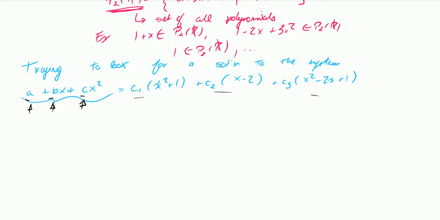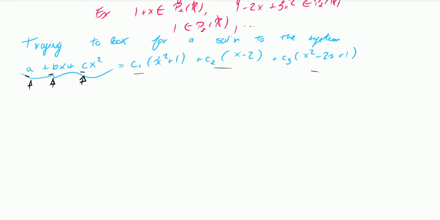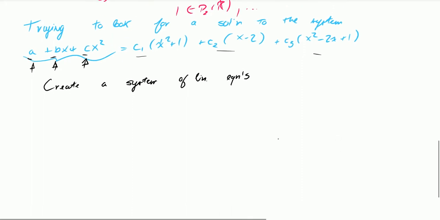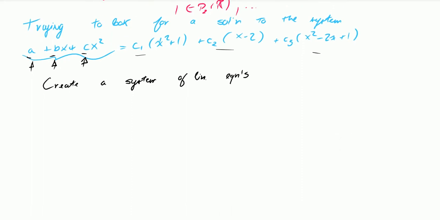Just pretend, for example, that they're all 1, 1, 1. Then you're just trying to solve three different linear equations. So you want to create a system of linear equations.